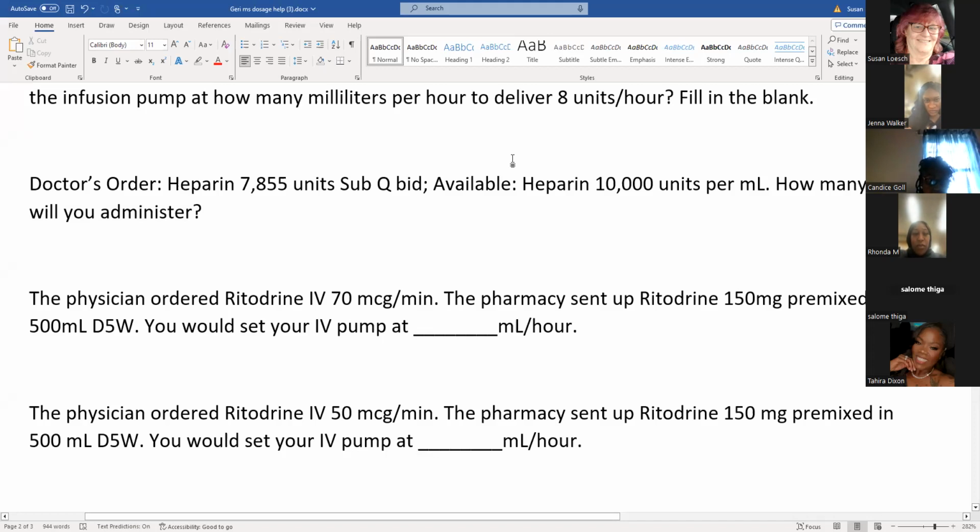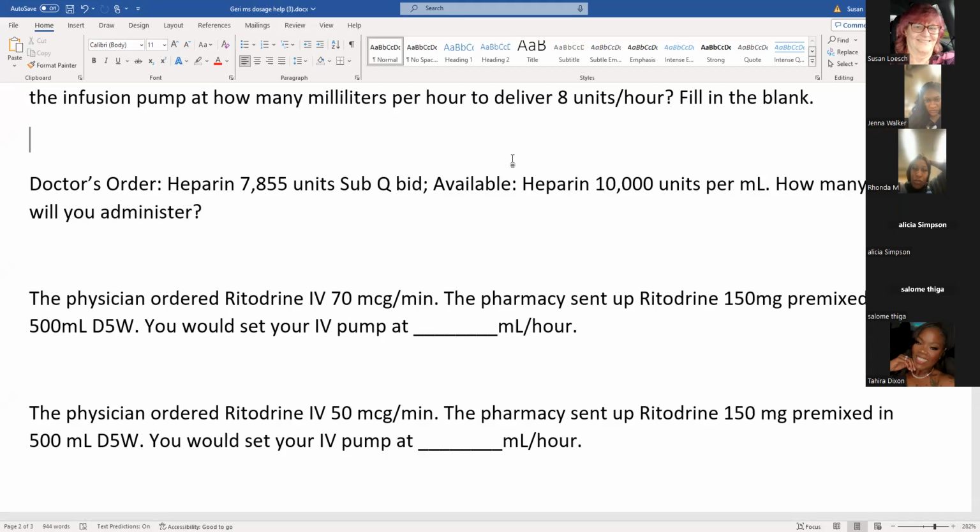Because if you calculate it 2 times a day, then you're calculating a daily dose. It's asking for a single dose, because it didn't say how many milliliters will you give in a 24-hour period. So it doesn't matter that you're giving it twice a day here. It didn't ask you about that. So you just have to recognize that in the sentence. What'd you get for the answer here?